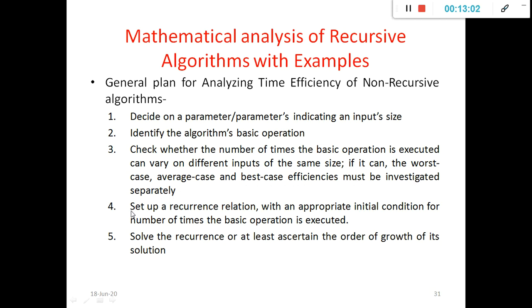The fourth step is to set up a recurrence relation with an appropriate initial condition for the number of times the basic operation is executed, and finally solve the recurrence or at least ascertain the order of growth of its solution. These are the steps you have to follow for mathematical analysis of recursive algorithms.